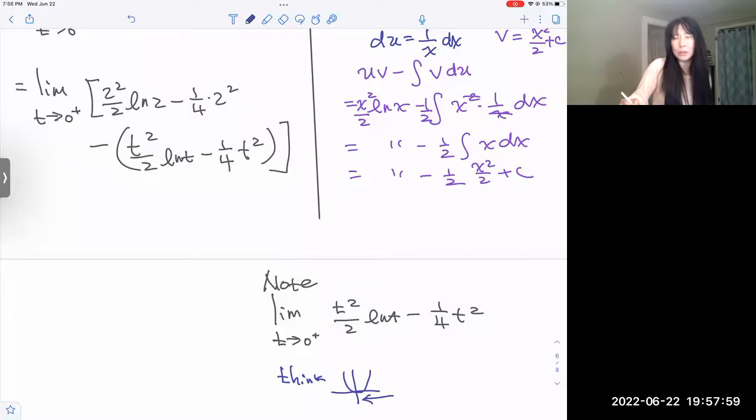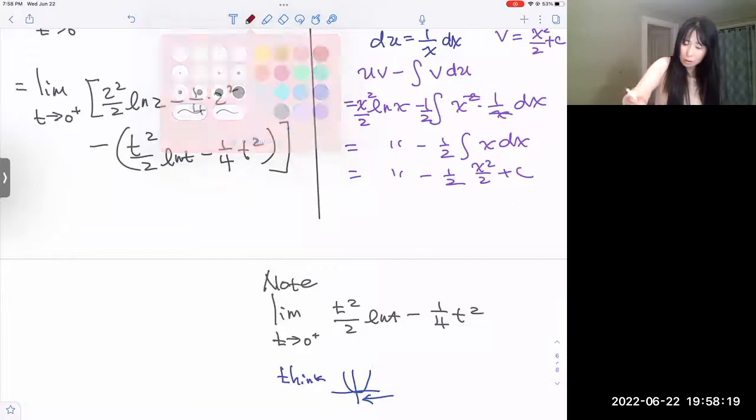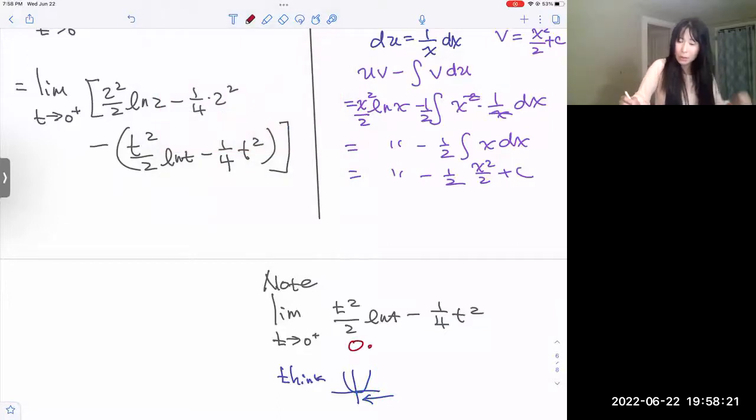The y value, what does it approach? Zero. 0 in the bottom and infinity in the top, so it's 0. How about ln t? We did the ln t earlier.